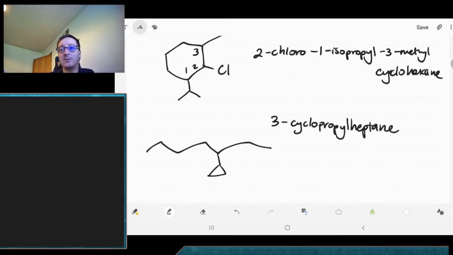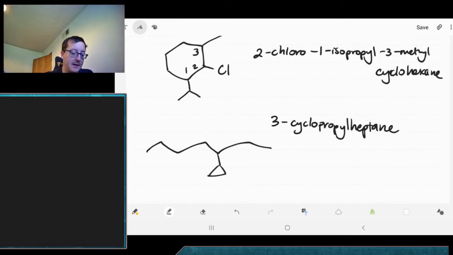So they can be substituents, they can be parents. Generally, it's about whichever one's longer. If your ring is more substituted, or if it's got more carbons, generally you might name the ring as your parent, though you can name them as substituents. It's really just kind of whichever's easiest.